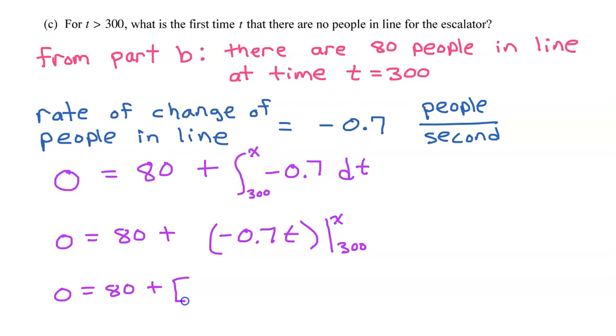So here comes the value at the upper limit, which is x. So we will have negative 0.7x, and then minus the value at the lower limit. So that's going to be negative 0.7 times 300.